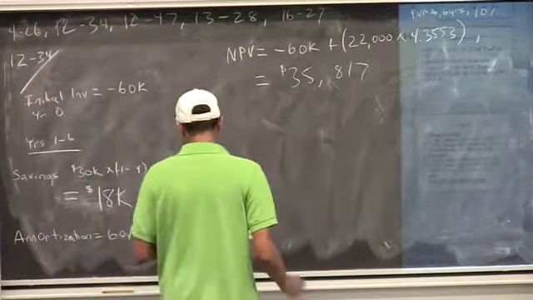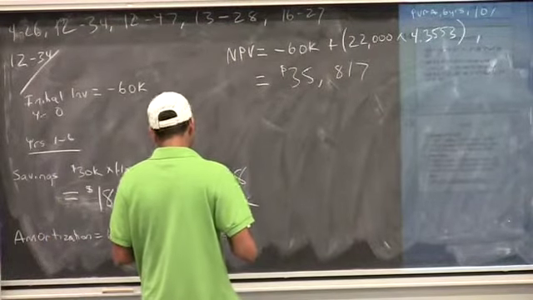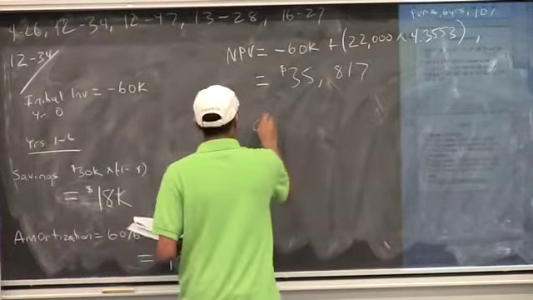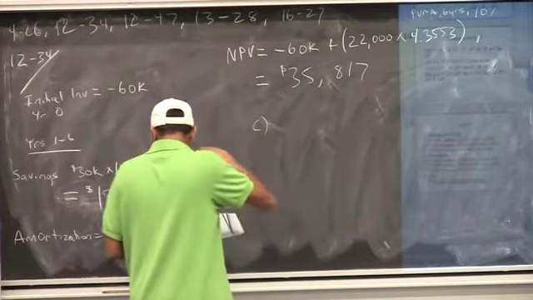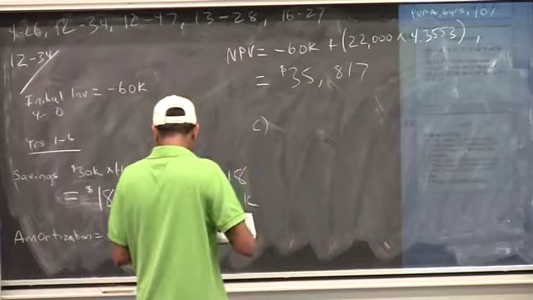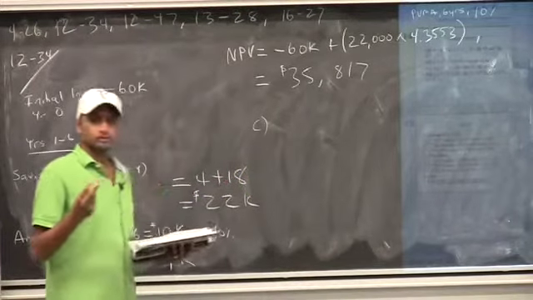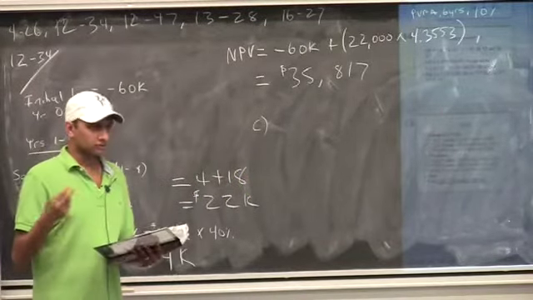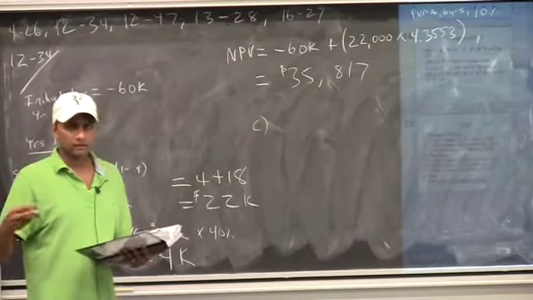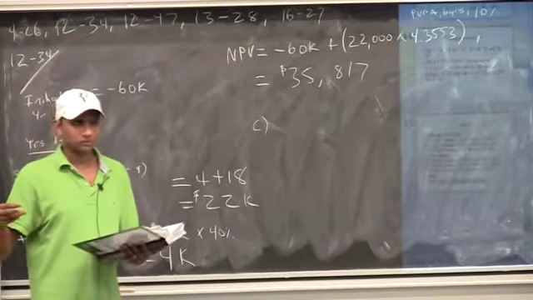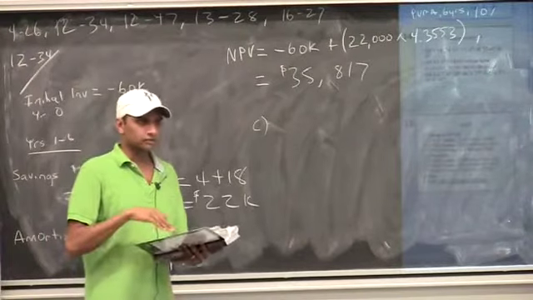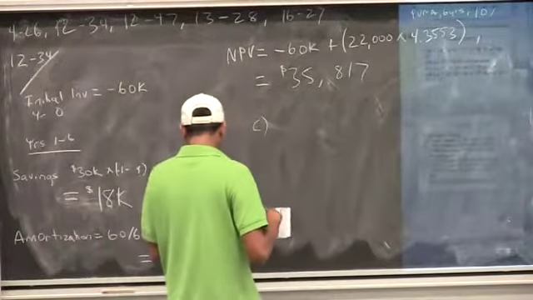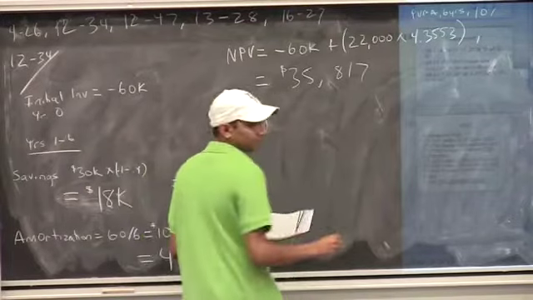Okay, C. What is the payback period? There's two ways of doing it: discounted payback and payback. I don't know if you guys heard of both of those terms. I'm pretty sure this question is referring to undiscounted payback, where you're taking your cumulative cash flows.